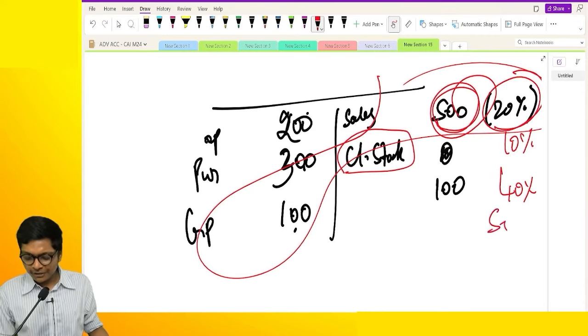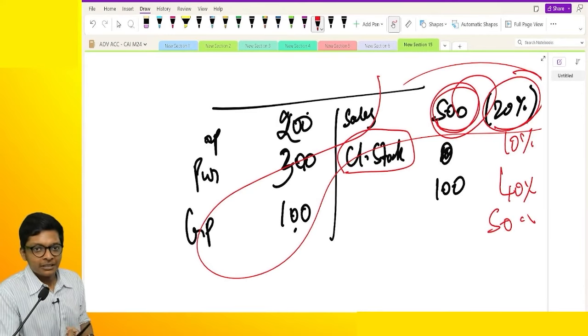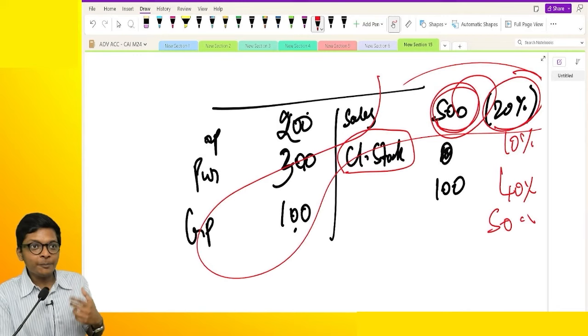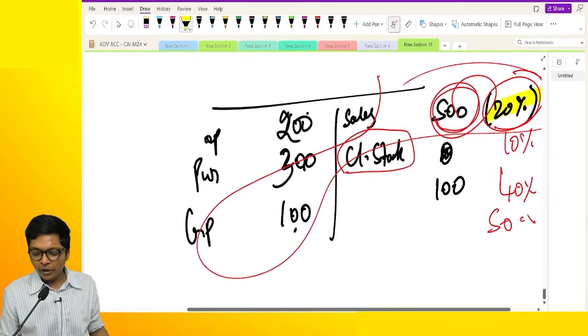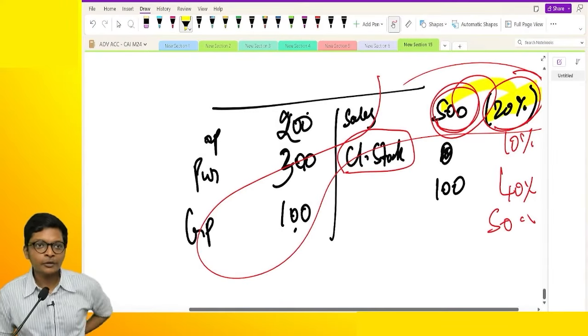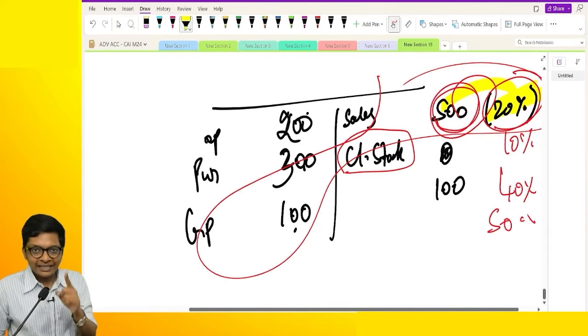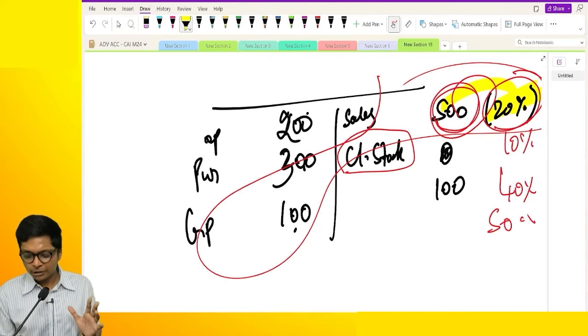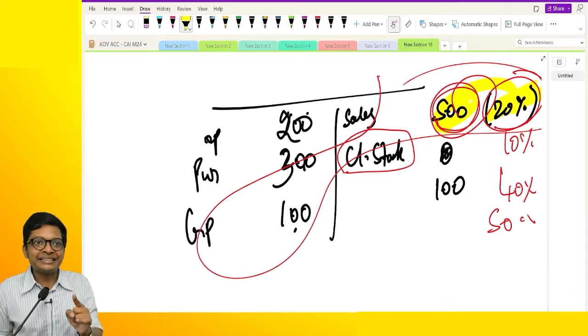For Mitansh, I sold at 50% profit. Like that for different people based on customer, I am selling at different price. Now can I apply a uniform percentage on sales? No. I can apply the percentage on sales only if the entire sales is sold at that particular percentage.